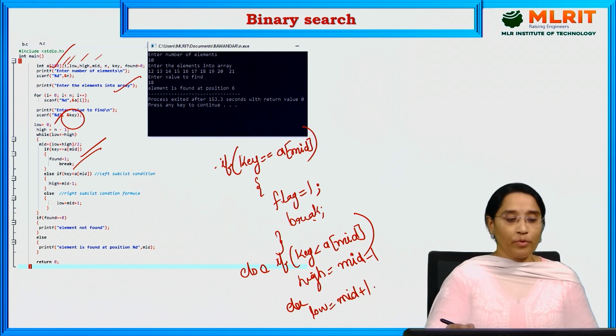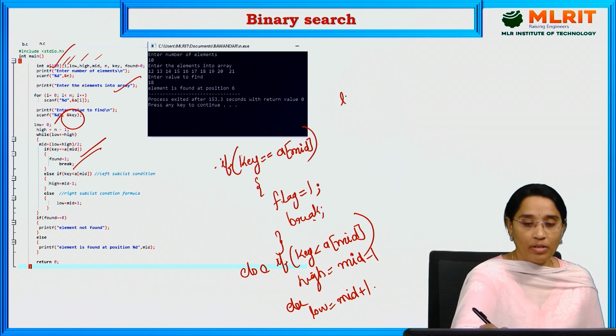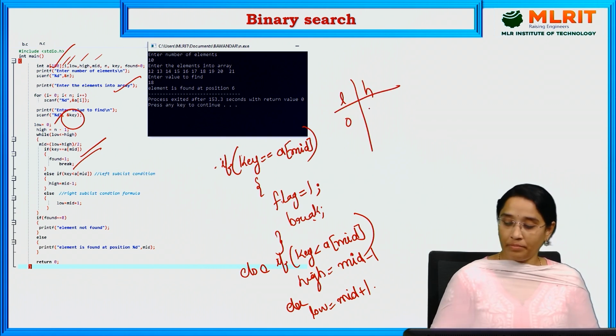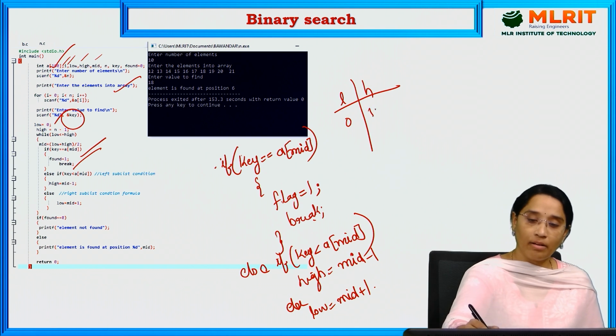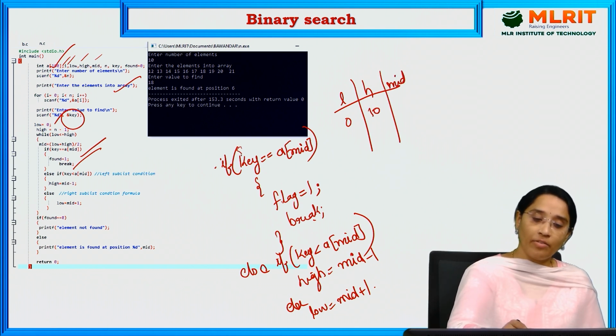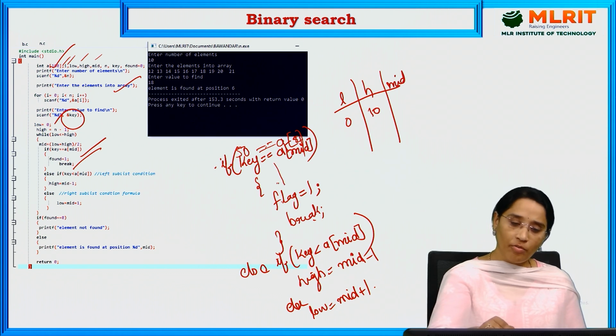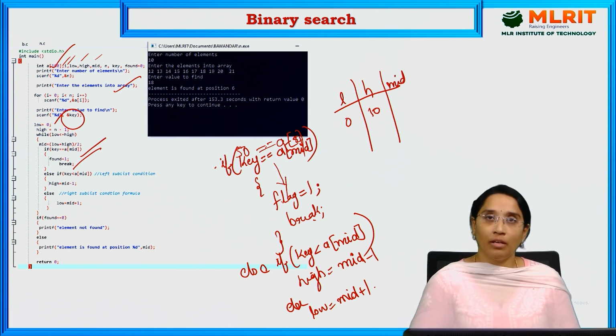Suppose in the first case, low is initialized to 0 and high is initialized to 10, and the mid value. If key 50 is not equal to a[mid], the control will not enter this if condition.